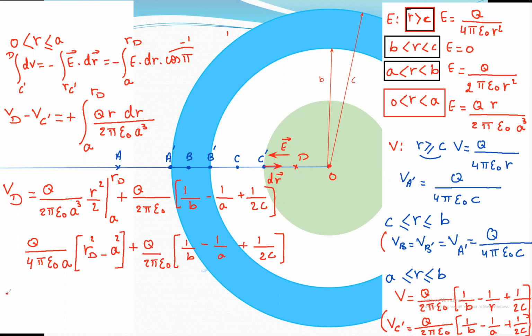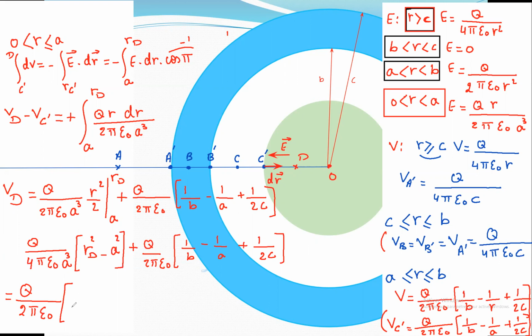I take a common factor: Q divided by 2 pi epsilon 0. Here we have A cube. No, I take only this, Q over 2 pi epsilon 0.